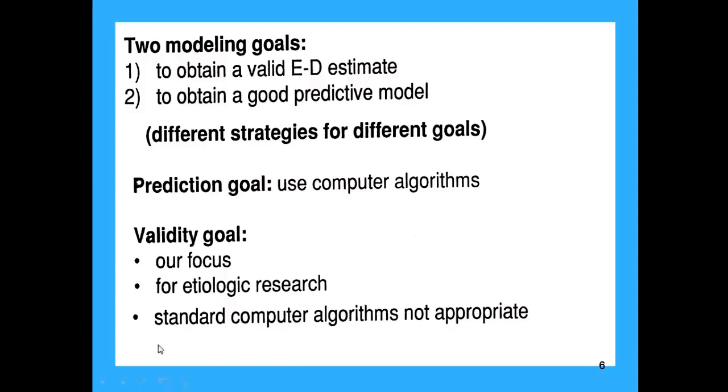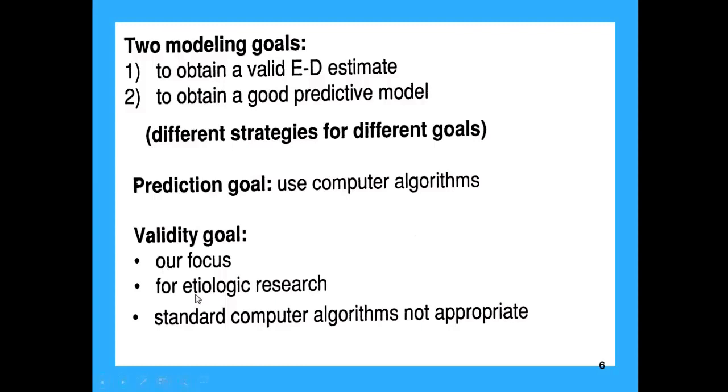When you're talking about validity, which is going to be our focus, it is the primary focus of a lot, not everything, that's done in epidemiology or health science or medical science, when you're looking at what's called etiologic research. We're looking at cause-effect relationships, so that's validity.